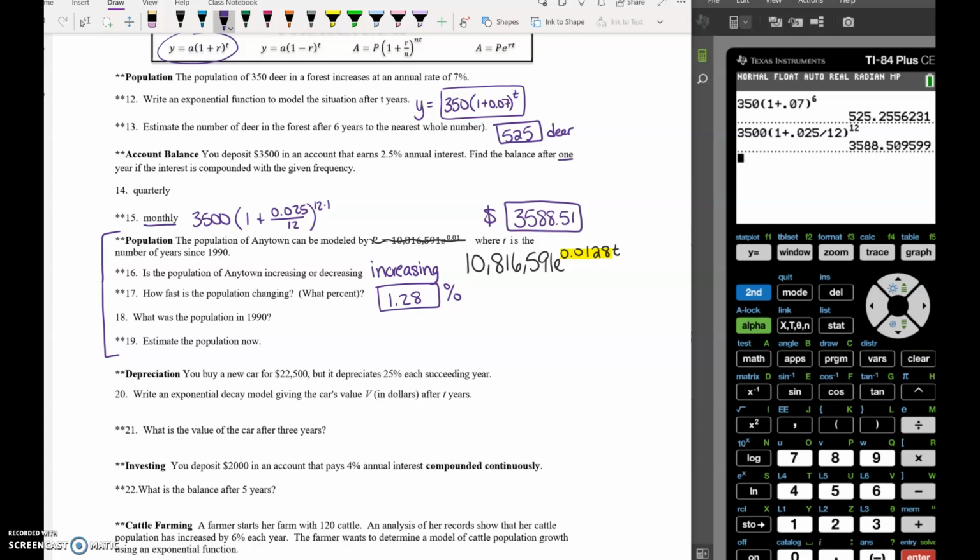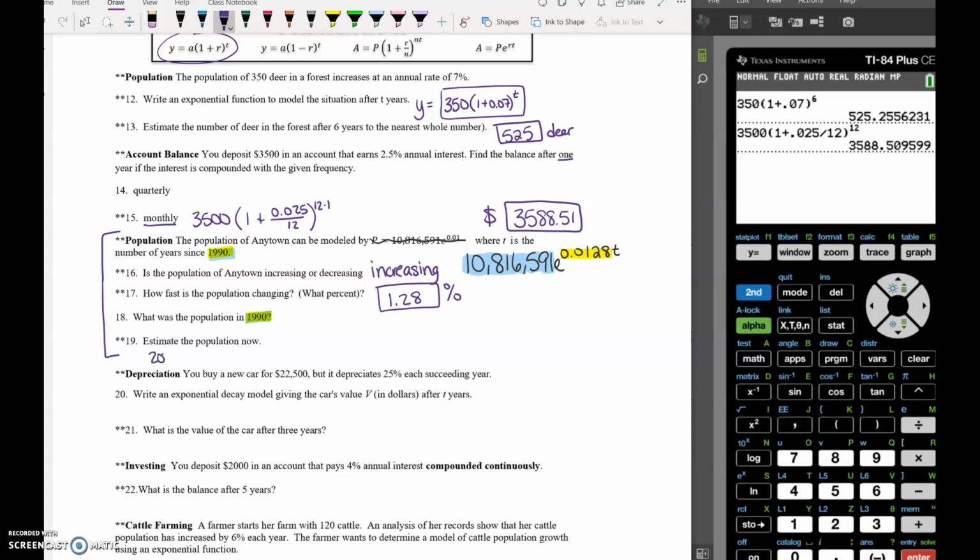It's not going to ask you what's the population in 1990, but I'm just showing you. They're basically saying, we want the starting population, that would be this number from the formula, but that part's not on the test.